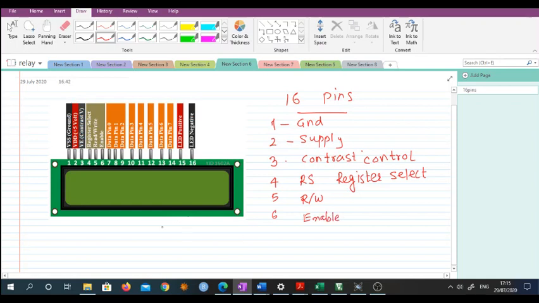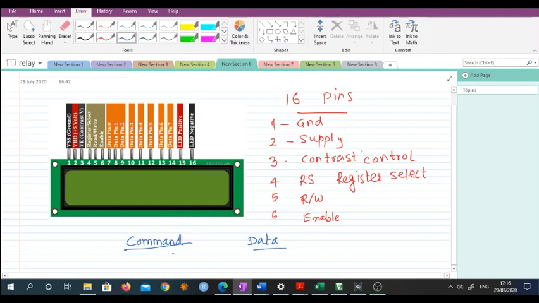Internally there are two types of registers available in the LCD, called the command register and the data register. The command register is used for issuing commands. There are various types of commands. We'll look at those commands later on. To issue these commands, we use the command register, and to transfer data, we use the data register.